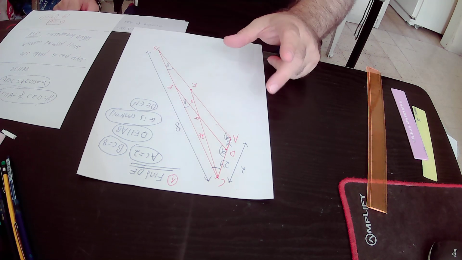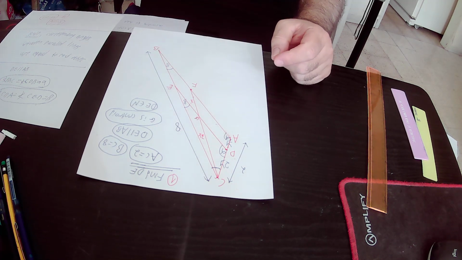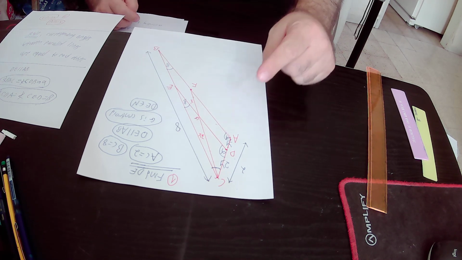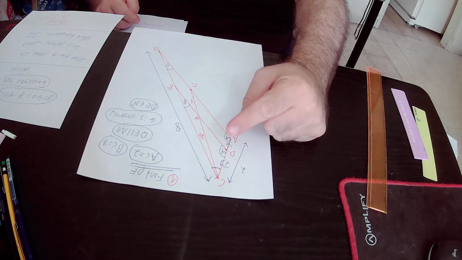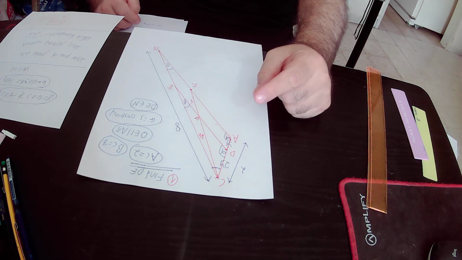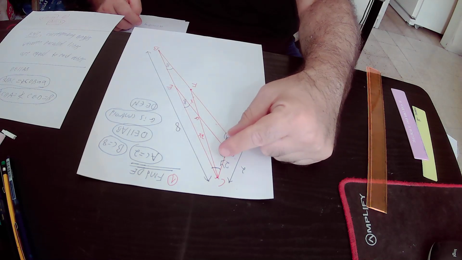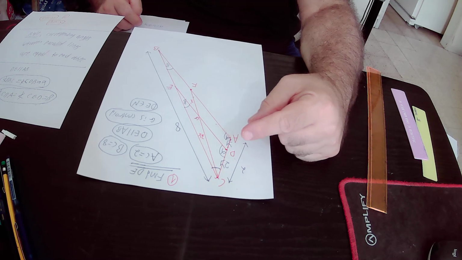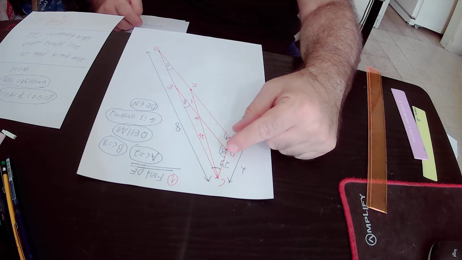Therefore, according to this rule, the corresponding angles that are located between the parallel lines DE and AB will be equal to each other.